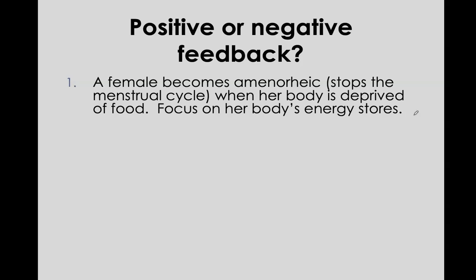And it also can't afford to lose the energy source that it would lose with getting rid of the excess blood in menstruation. So this is all about maintaining your energy stores. So your energy stores are a little lower. To maintain your energy stores and bring them back up, your body stops menstruation.